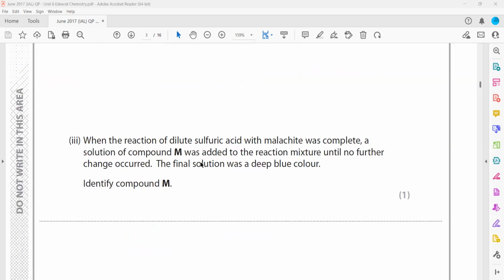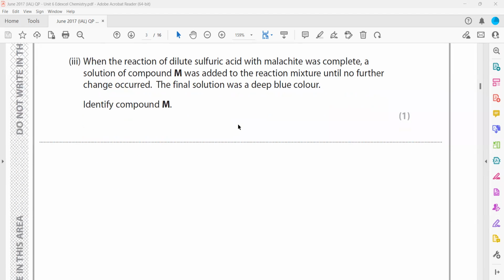The next is: when the reaction of dilute sulfuric acid was complete, a solution of a compound M was added until no further change. The final solution was deep blue. So with copper compounds, if aqueous sodium hydroxide was added, it would form a blue precipitate which would remain insoluble.